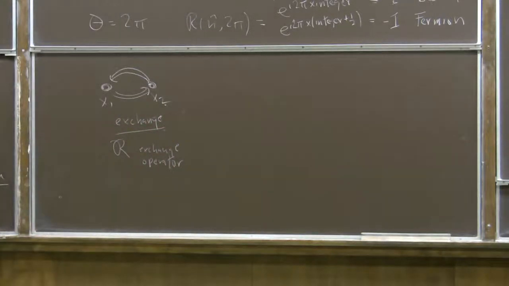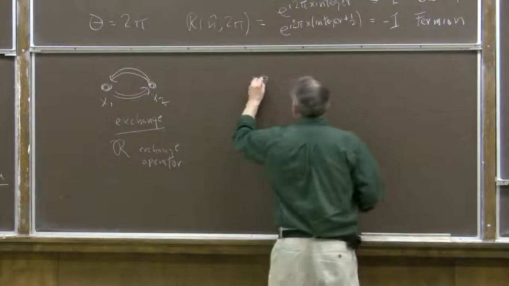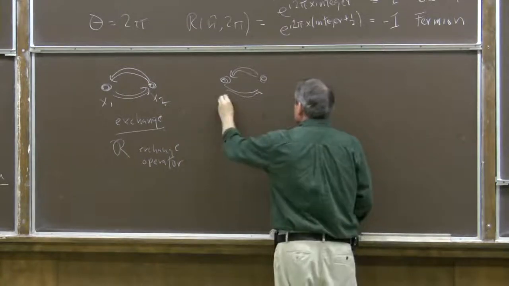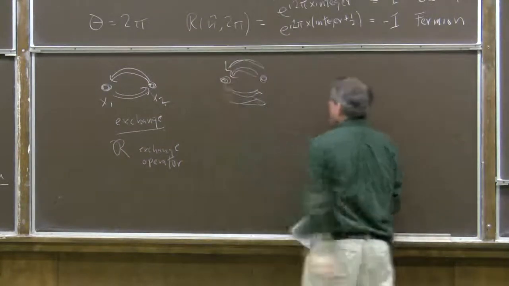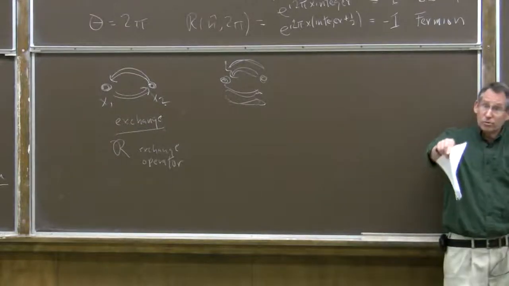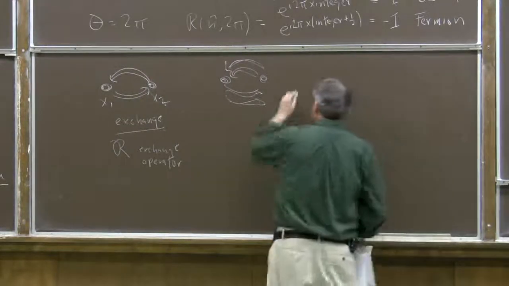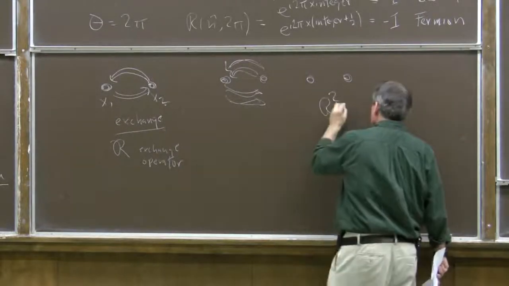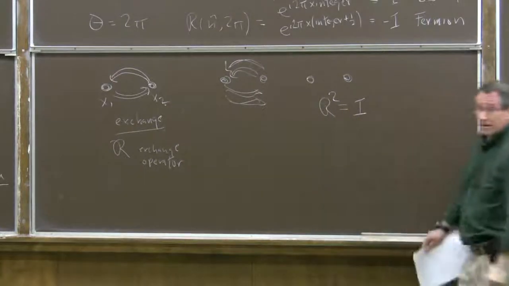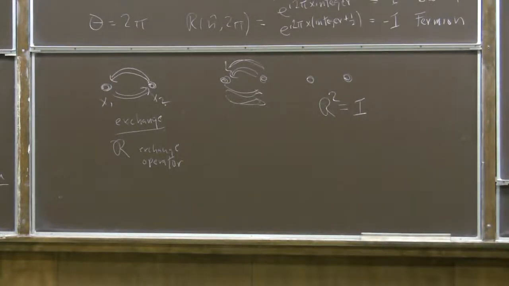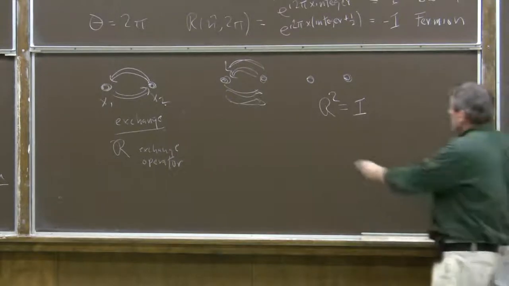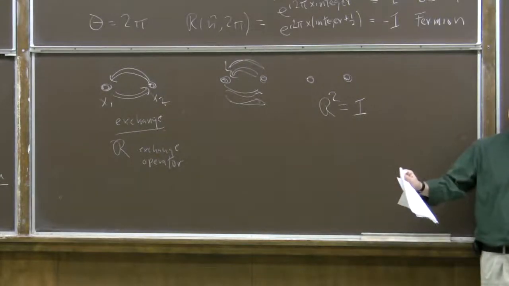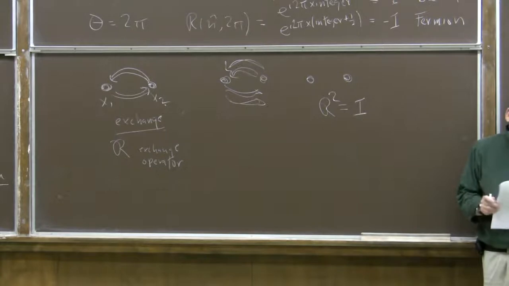Now, suppose I apply the exchange twice. So I do the exchange, and then I do it again. Okay. So now I've really returned the particles to their original configurations. And so that should be the same thing as doing nothing at all, the identity. Okay. 2 exchanges, it's the same thing as not exchanging at all, right? So r squared is equal to the identity, but r itself can have 2 different eigenvalues. The eigenvalues have modulus 1 because it's a unitary operator.